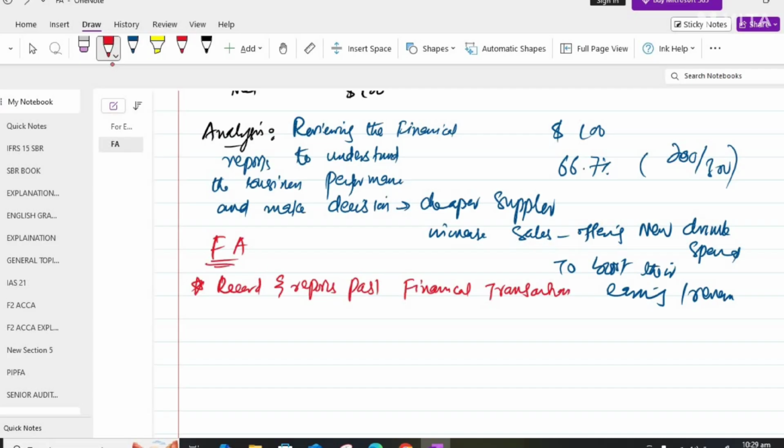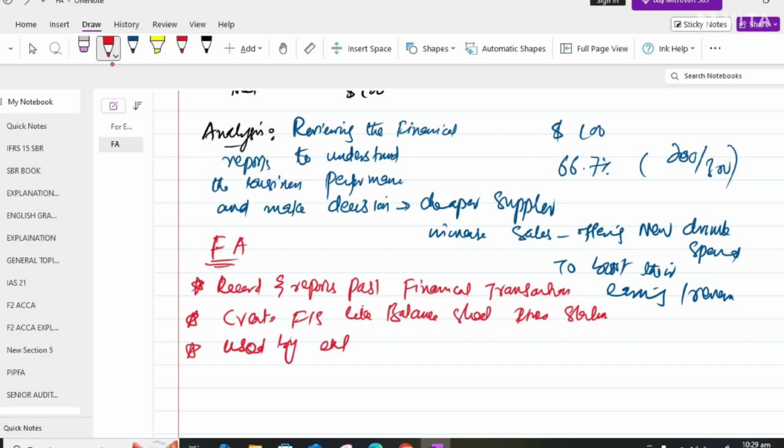The second point here is that financial accounting creates financial statements, and that will be your balance sheet, your income statement. And financial accounting is basically used by external parties, because the balance sheet is for external users, for example your investors and regulators.